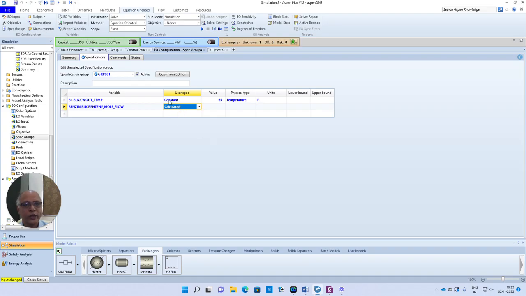So in other words, by specifying the variable outlet temperature of cooling water, we are trying to calculate the flow rate of benzene that gives us this required temperature. So this is mole flow. The variable is mole flow.